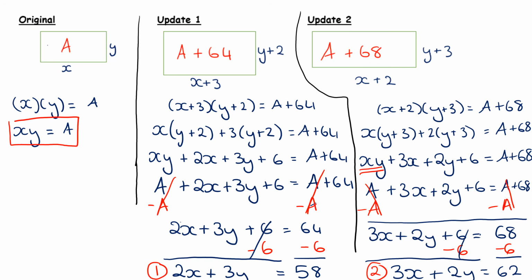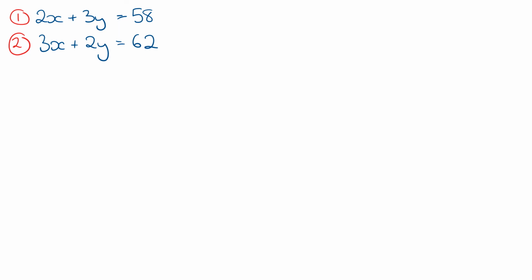Now we can solve these simultaneous equations. So we need to choose one of the variables to eliminate. It really doesn't matter. I'm going to take y, so I'm going to multiply the top by 2, the bottom by -3. That way both the y's will end up with a 6, but one will be a plus and one will be a negative.